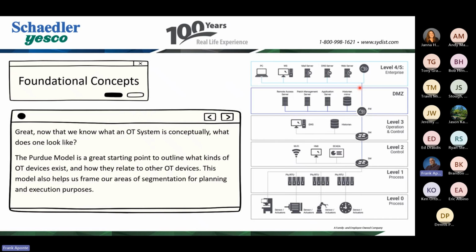A lot of times your engineering workstations may be in here as well if you're designing a true industrial DMZ with another firewall right here. And then what we typically consider the IT domain or the enterprise would be levels 4 and 5. So you have PCs, workstations, mail servers, DNS, the traditional IT world of equipment and systems, and then you have your firewall that goes out to the universe and to the internet.